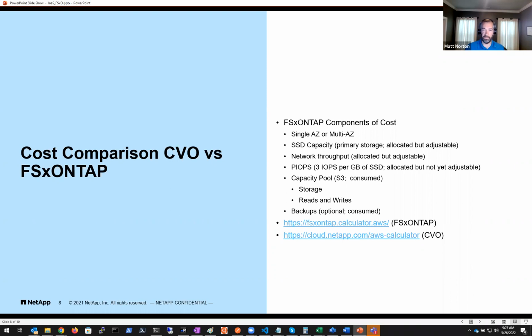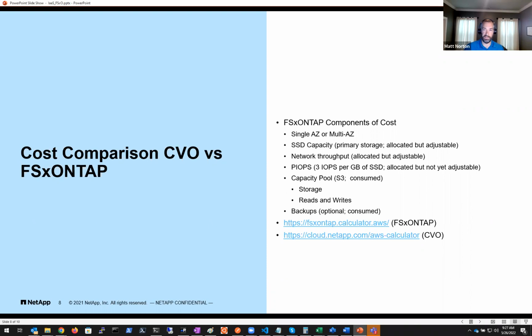You've got an active and a passive node, an HA pair in ONTAP terms. And the data from AZ1 is always replicated to AZ2. So if AZ1 were to go away, then AZ2 automatically takes over, and you don't lose any data. It's all there. But obviously, it's double the data, right? So the cost is roughly double for multi-AZ versus single AZ.